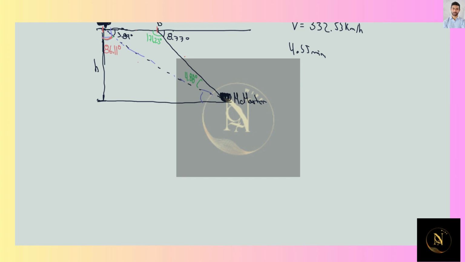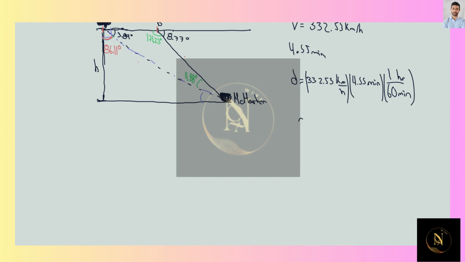Over here, distance is velocity times time. In this case, the velocity is in kilometers per hour, but our time is in minutes. So we need to employ a conversion factor from minutes to hours: 60 minutes is equal to 1 hour.